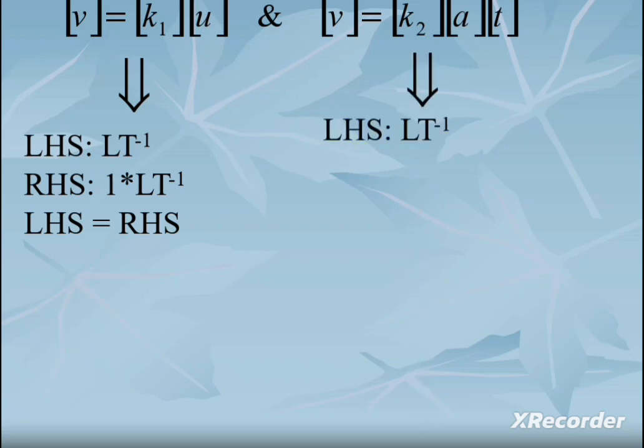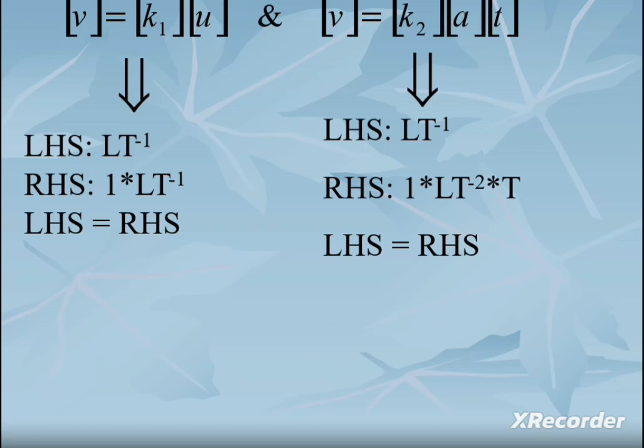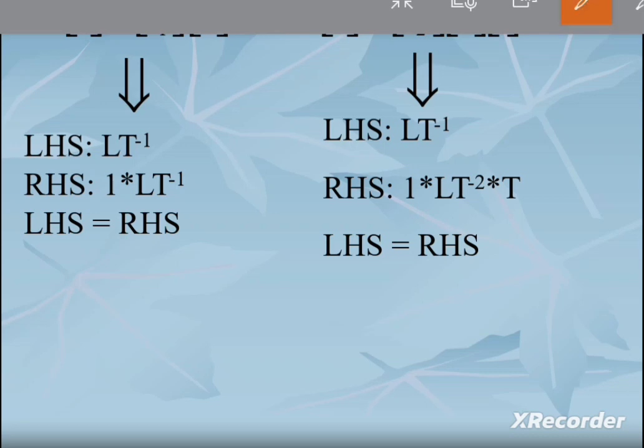The left hand side gives us LT negative 1, and the right hand side gives us LT times T. What does it mean? The left hand side and the right hand side are the same. I know most of you don't understand the maths here.